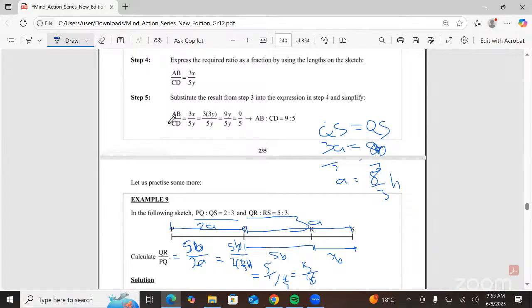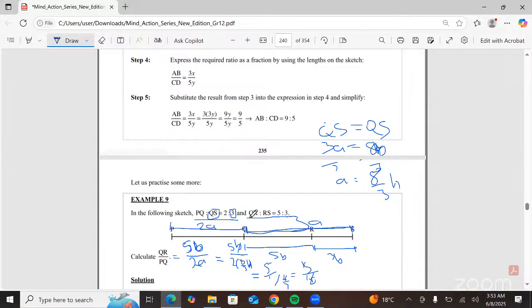We were given this QS here as 3, did you see that? Yes, sir. We wrote that 3 here, and then we gave it a variable A here. You agree to that, right? Yes, sir.